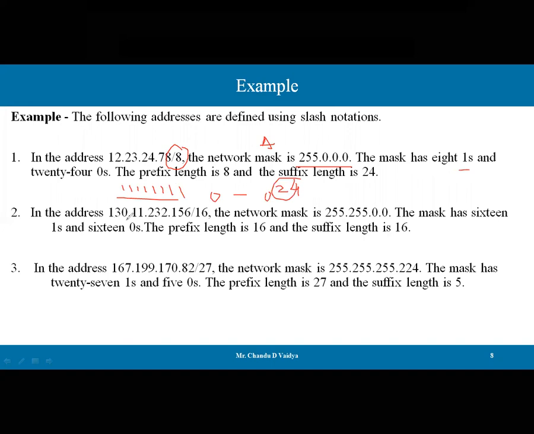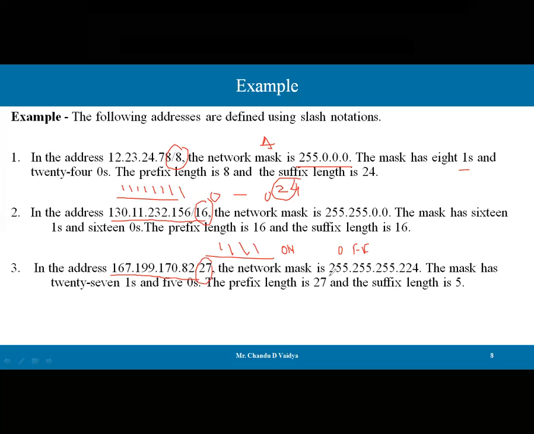Then if you go with the address 130.11.232.156/16, from this example we have 16 ones that are on and 16 that are off. Second, if you have the address 167.199.170.82/27, we have to look at the value 27.